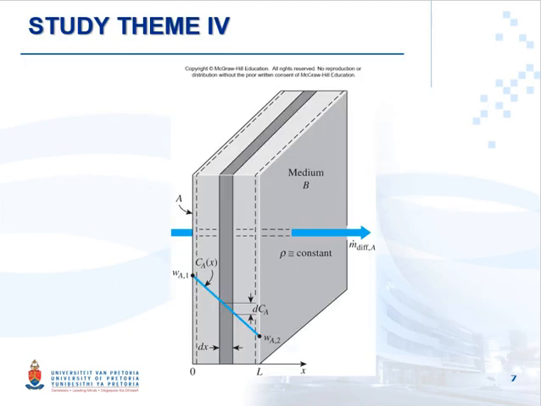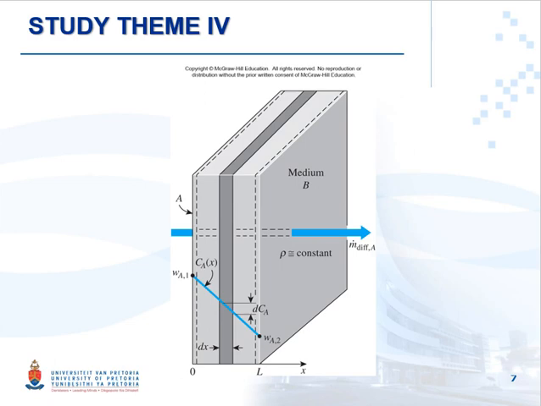Now let's start talking about steady mass diffusion through a wall. Many practical mass transfer problems involve the diffusion of a species through a plane parallel medium that does not involve any chemical reaction under one-dimensional steady conditions, the same as what we are showing here.